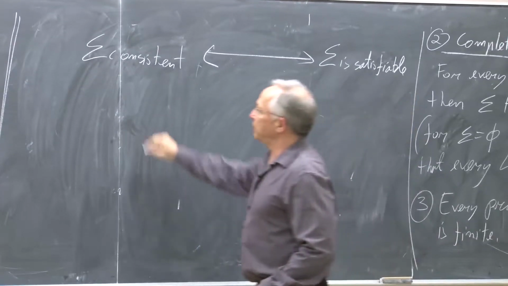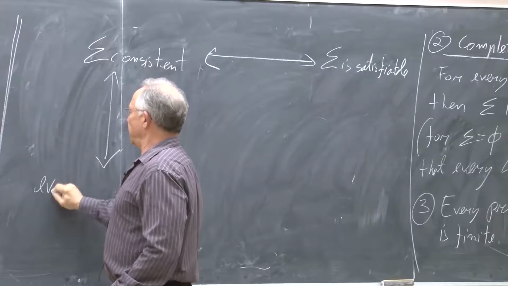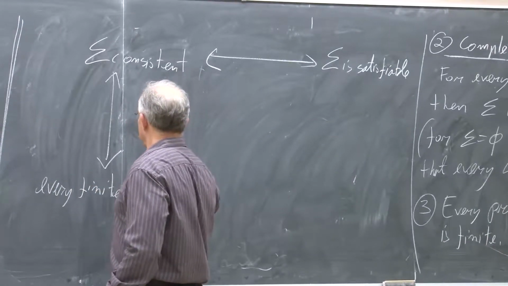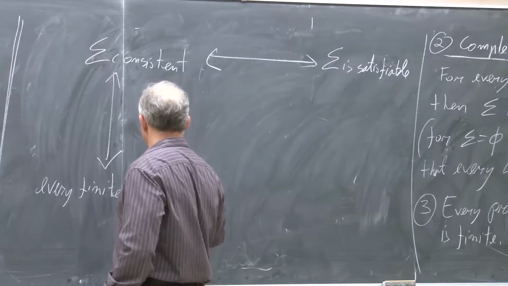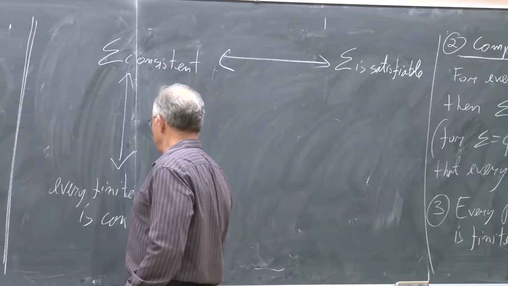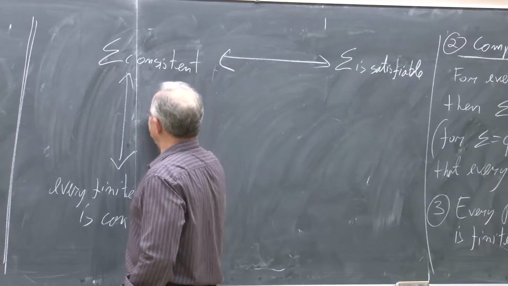Now, sigma is consistent is equivalent to every finite sigma prime subset of sigma is consistent. And this is due to property 3.